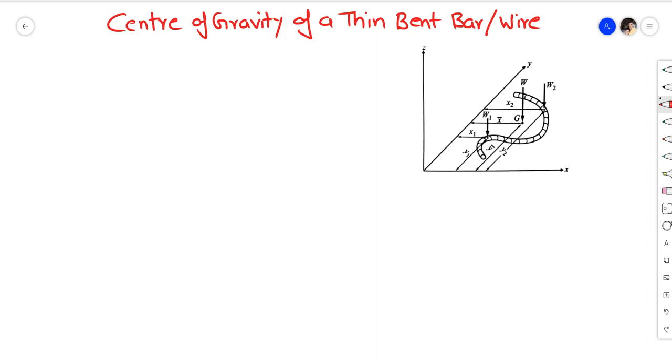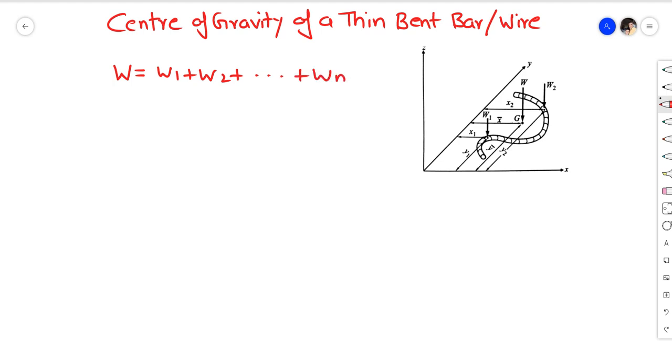Okay, so now we will try to calculate mathematically the center of gravity for this bent wire or 1D body. So we can write, as it is shown here, that the total weight of this wire is W, which is made of small elements like W1, W2 up to Wn.